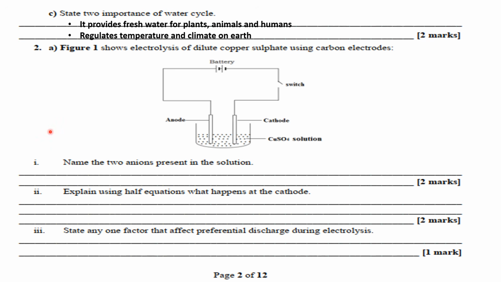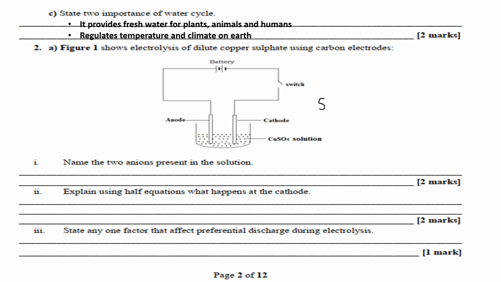Question 2, part 1, name 2 anions present in the solution. So anions are basically negative ions. Ions carrying negative charge on them are called anions. So when you split copper sulfate in solution, you are going to have 2 anions.